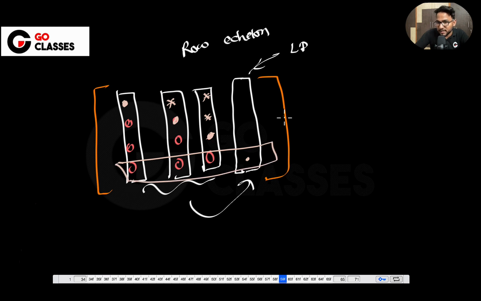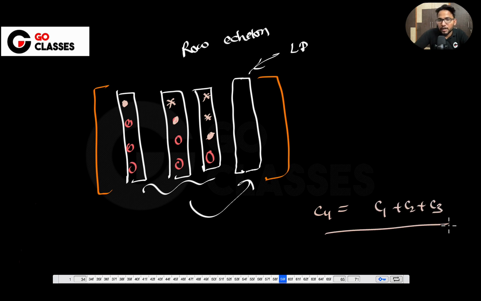And since it is linearly dependent, there must be some relation earlier. C4 must be C1 plus C2 plus C3 or some relation, right? Then if it is non-zero, will this relation get followed here? No, right? You cannot get non-zero out of these three zeros. So if these are zeros, then automatically this is 0. And that's why this column becomes a free column.